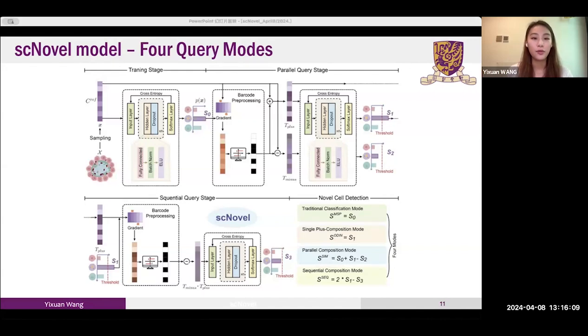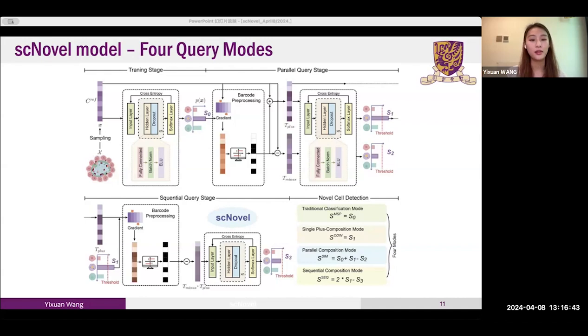This figure gives an overview of the 4 different scores used in each query mode. For example, let's take the first and the simplest scoring function, SMSP, as an example. This scoring function is a classic score function without the barcode preprocessing module, SLIN, and we found its performance is lower than the rest.